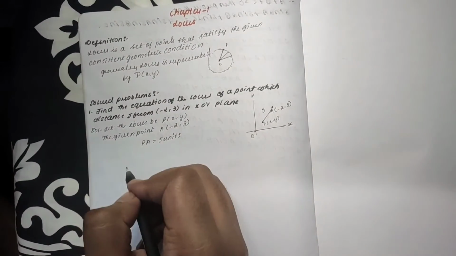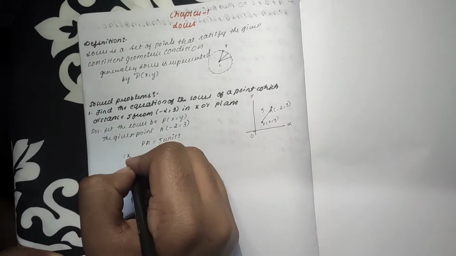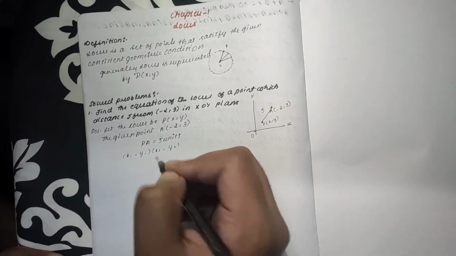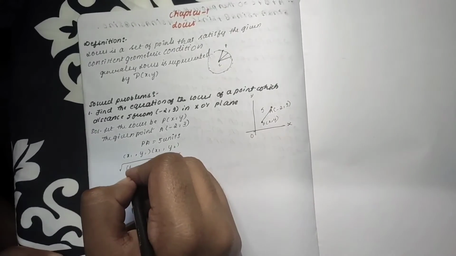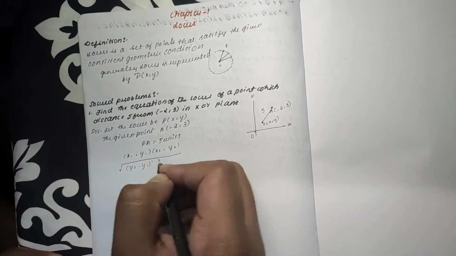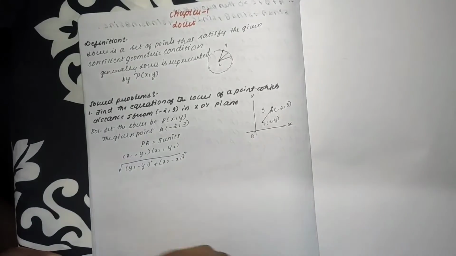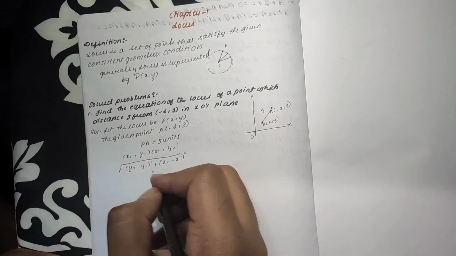As you have learned in previous classes, the distance between 2 points (x1, y1) and (x2, y2) is root over (y2 minus y1) whole square plus (x2 minus x1) whole square. Apply the same formula here.